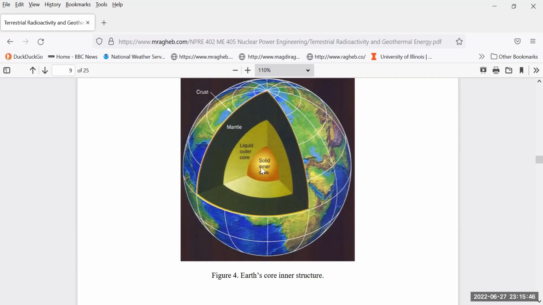Now, the solid inner core and the liquid outer core are composed of heavy elements. The most abundant elements on Earth are iron and nickel. So it is thought that the solid inner core and the outer core are composed of iron and nickel, and then some oxides form the mantle, followed by the crust. And the crust, of course, contains all our oceans. 70% of the Earth's surface is oceans.